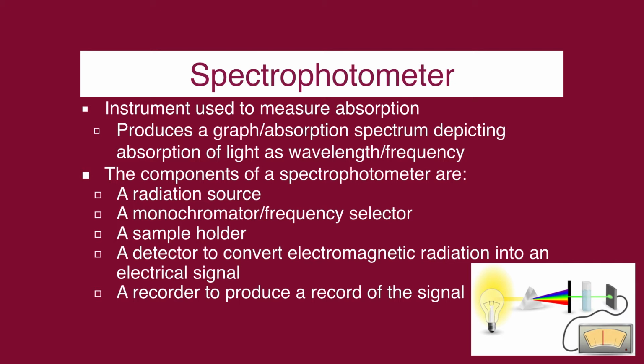The components of this photometer are a radiation source, so a light source, a monochromator or frequency selector, which is basically a prism, a sample holder, so whatever we're looking at, whatever drug we're trying to identify, a detector to convert the electromagnetic radiation into an electrical signal, and then a recorder, which is going to produce the recording so that it can then be compared to a standard sample.